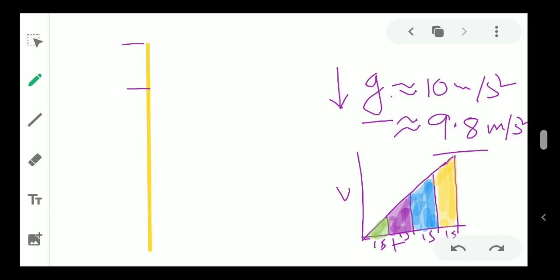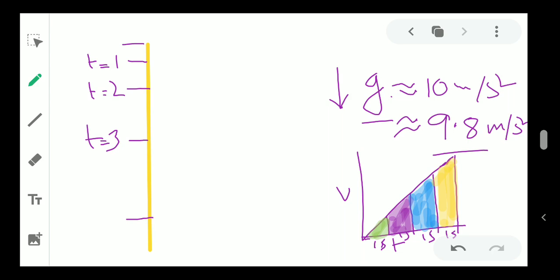Let's say the first one is this much, the second is that much, the third is this much, the fourth is this much, and so on. So this is t equal to 1 second, this is t equal to 2 seconds. I'm not talking about time interval, I'm talking about the time, t equal to 3 seconds.